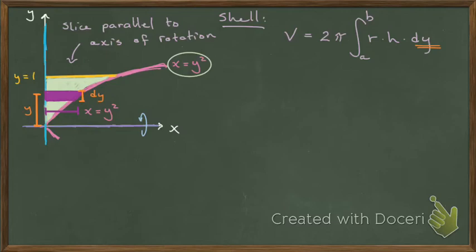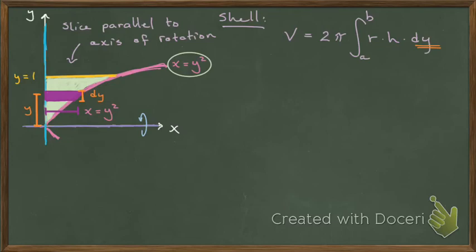Okay, so the way I did this example, I kind of chose a method and then set it up the way I should for that method. Typically what'll happen is you'll have a region and you'll have to decide, does it make more sense for me to draw a vertical slice, a dx slice, and then use either disc or shell or washer, depending on what the radius or the axis of rotation is?